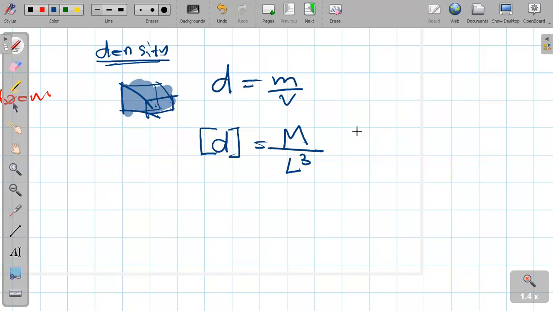To finalize the answer, I will get it as M L to the power minus 3.